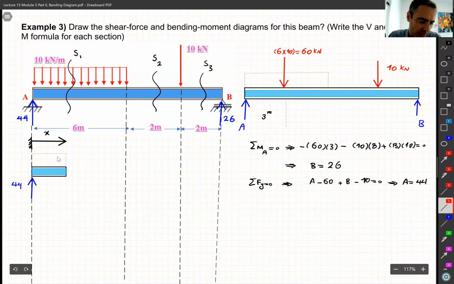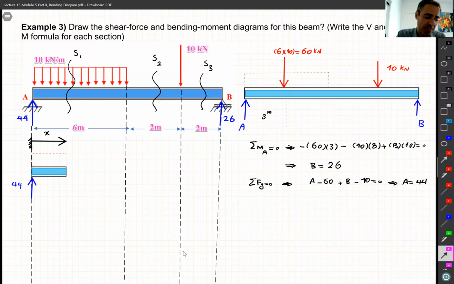Remember, on this portion, what is the equivalent? Remember, we always substitute a distributed load with its equivalent. Would it be 60, or something else? Any idea? Would it be 10x? Exactly.